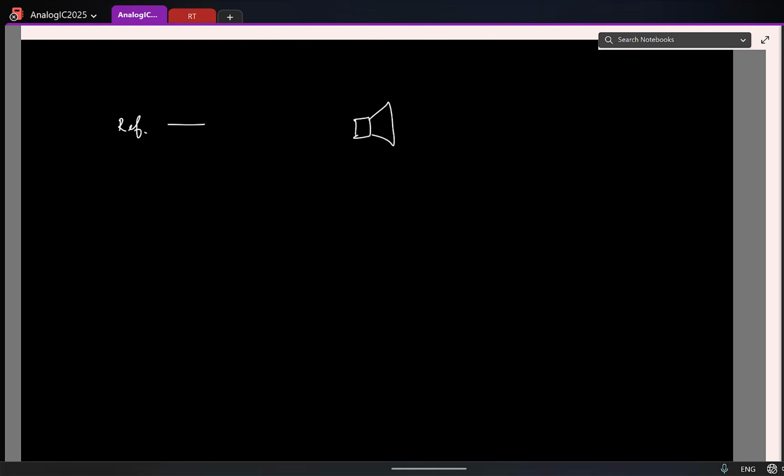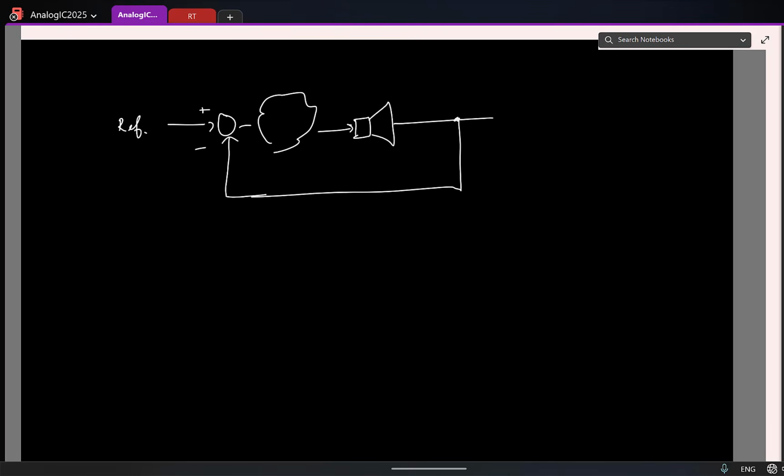I model you as a speaker. Whatever you are speaking is heard back by your ears, and then your brain compares it with whatever you are hearing back, and then decides whether you should speak more loudly or less loudly. That's how you are able to speak at an optimal loudness level. You are not randomly increasing your loudness or reducing your loudness.